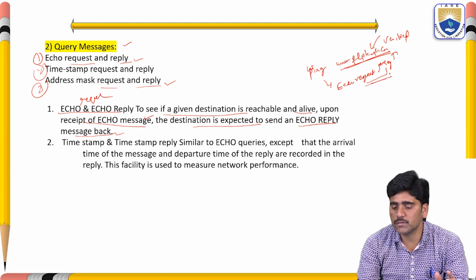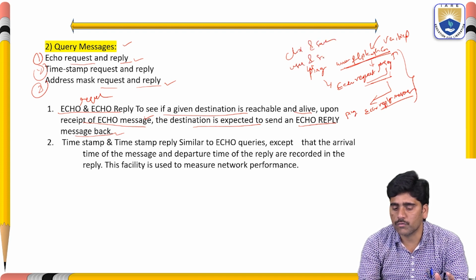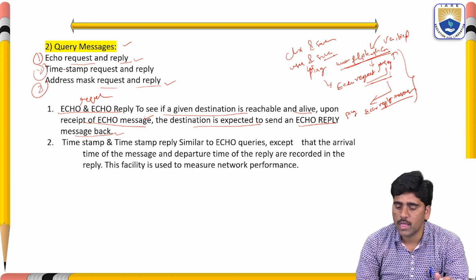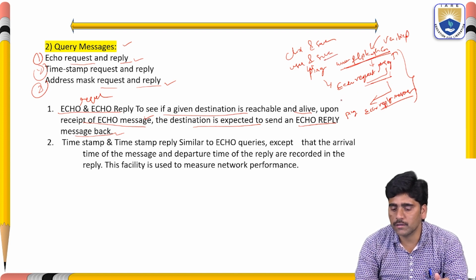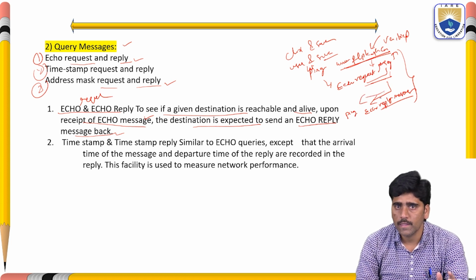Once the target is contacted with this request message, the target automatically gives the ping command an echo reply message. These are all communications between the client and server, or user and server. So whenever the target is found, the user sends an echo request message to this target, and the target gives an echo reply message to this user.